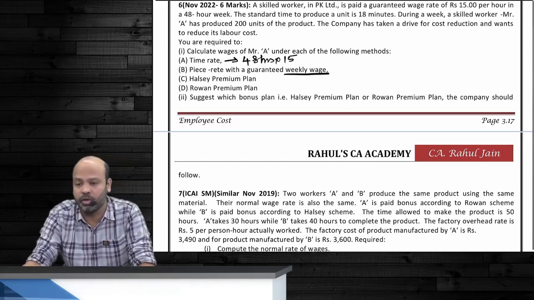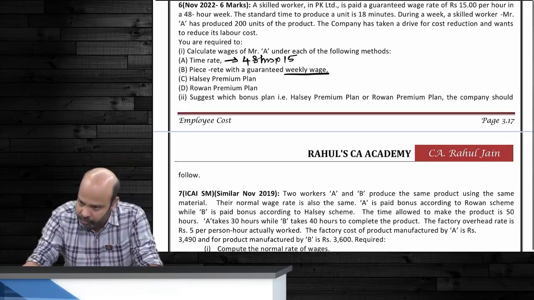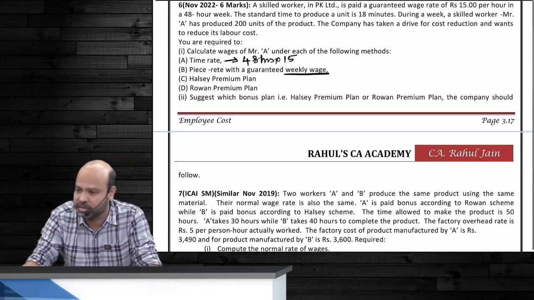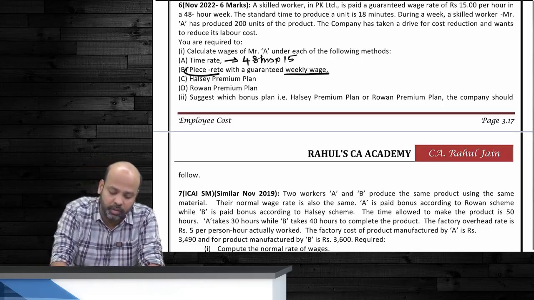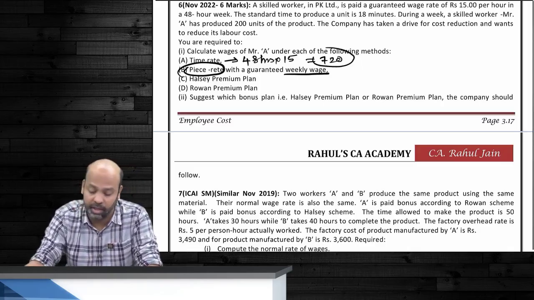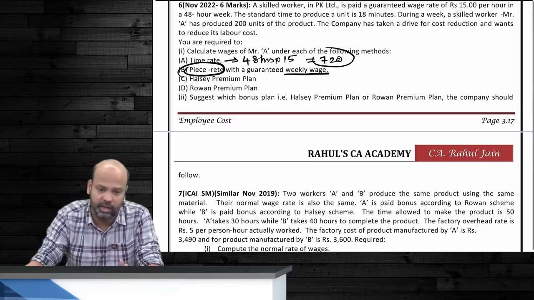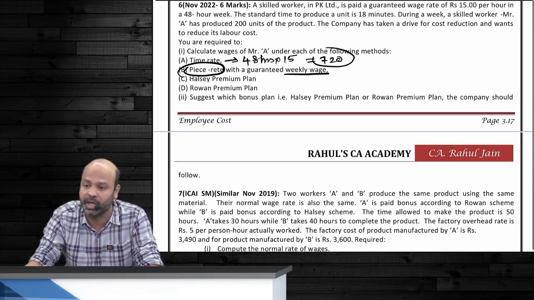If the amount of wages is less than the amount of wages as per time system, you will give them time rate wages. If as per piece rate you are getting less than that, how much was it? The guaranteed amount will be 720. That is guaranteed weekly wages. Guaranteed weekly wage would be on the basis of time. A worker is working for 48 hours, you're supposed to pay him for 48 hours.